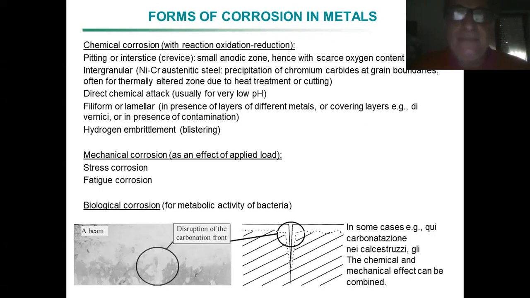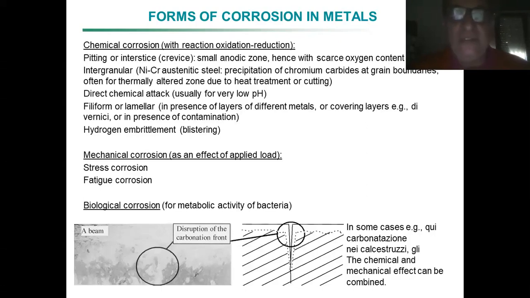Then you can have a small anodic zone, which again produces some pits, but not because there is physically an acid in that region, but because there is an anodic zone of quite limited dimension. When I say anodic, the anode is the electrode where oxidation takes place.